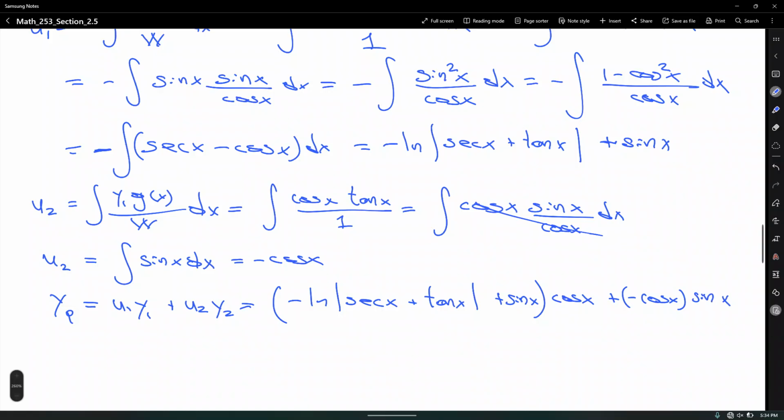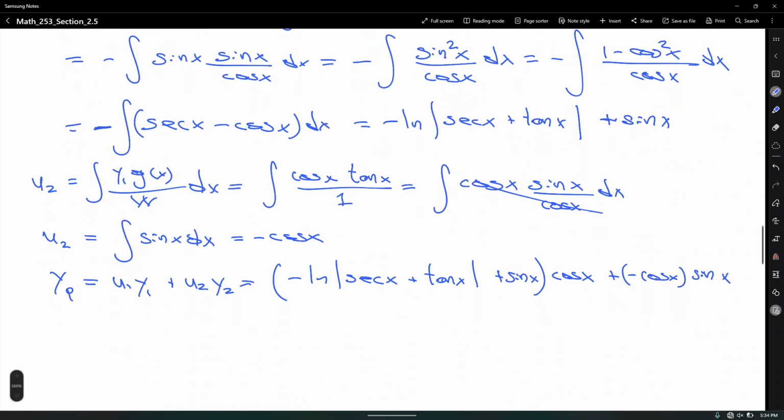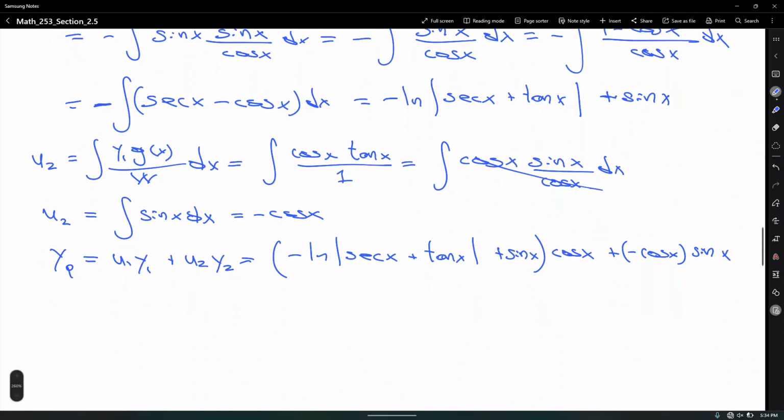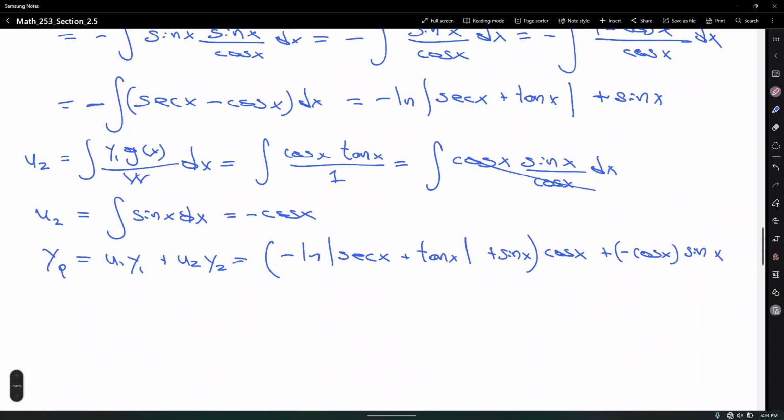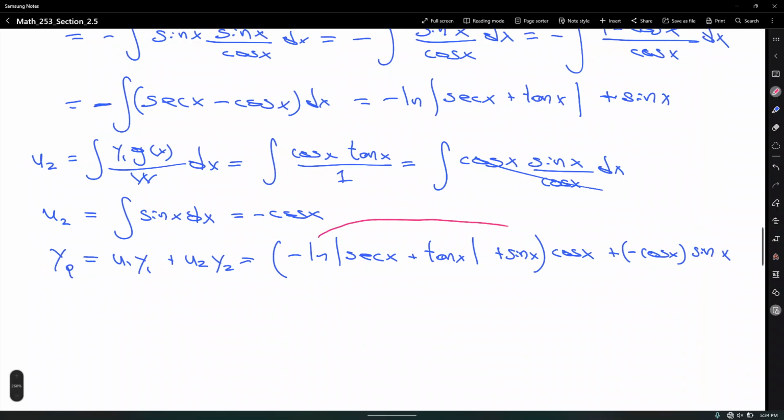Let's reduce this a little bit, because you'll see what's going to happen here. I'm going to distribute this negative ln with cosine and this sine with cosine.